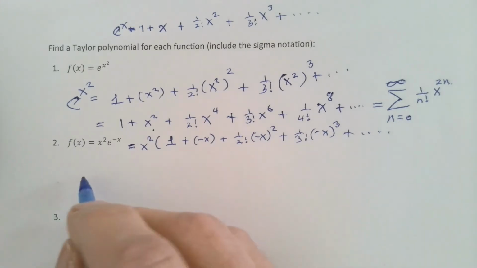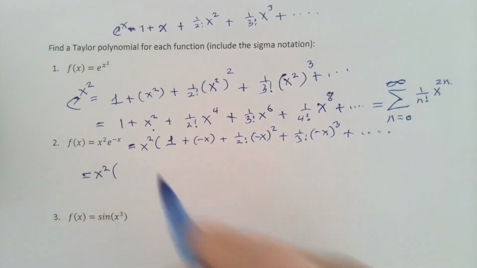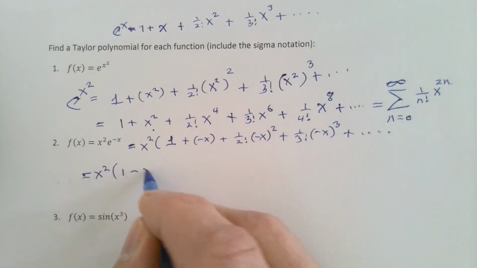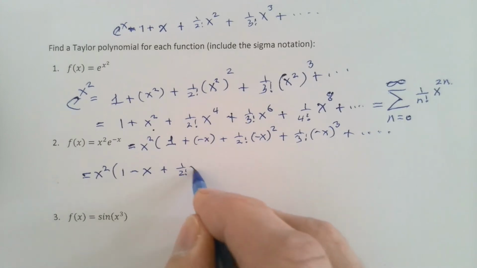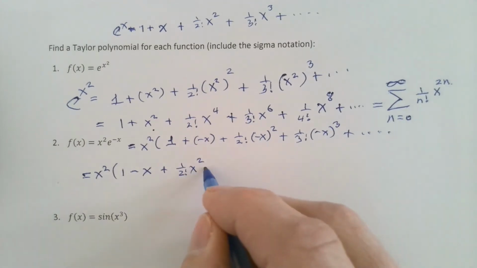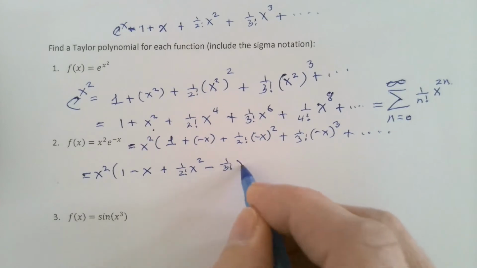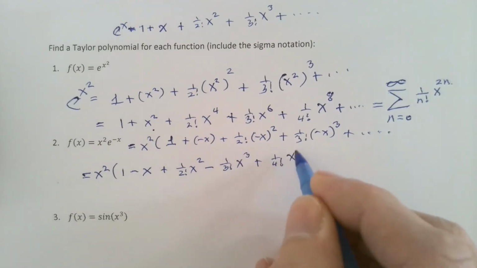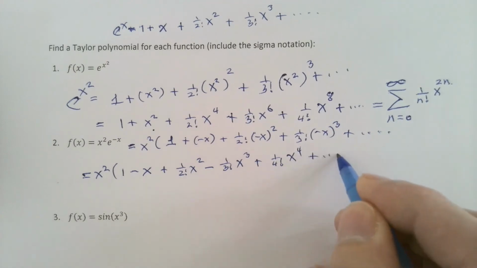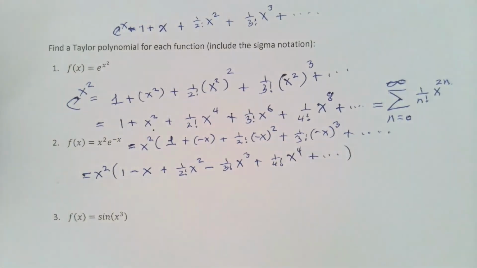For the ones with the even powers on them, though, the negative won't appear in the answer. So we'll have x squared times 1 minus x plus 1 over 2 factorial x squared minus 1 over 3 factorial x cubed plus 1 over 4 factorial x to the 4th, dot, dot, dot. And then multiply through with x squared, distribute.